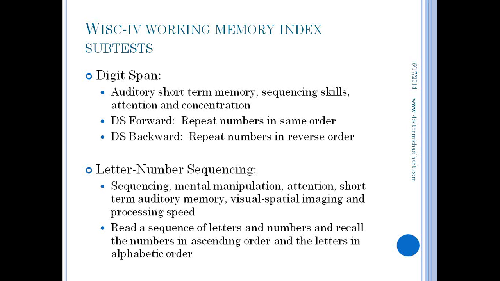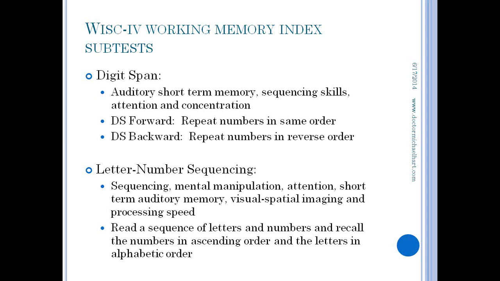But as I sit here looking at it, I really would change that to auditory working memory, because as you'll see, the definition of working memory is that you hold bits of data in your brain for just a brief while, and if you don't continue to work on that, then it fades and it's gone. So we're talking about working memory, sequencing skills, and you'll see in a minute, attention and concentration, because if you look at what these tests require you to do, you really need to pay attention.